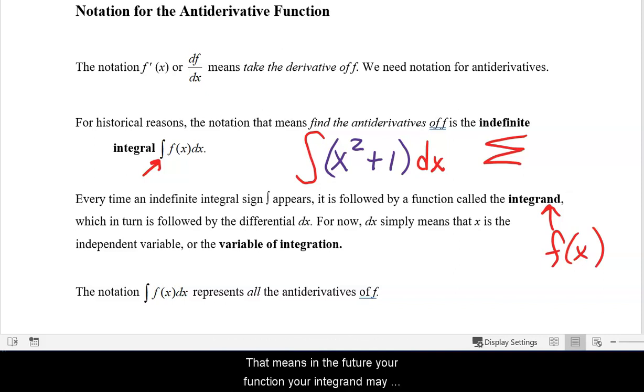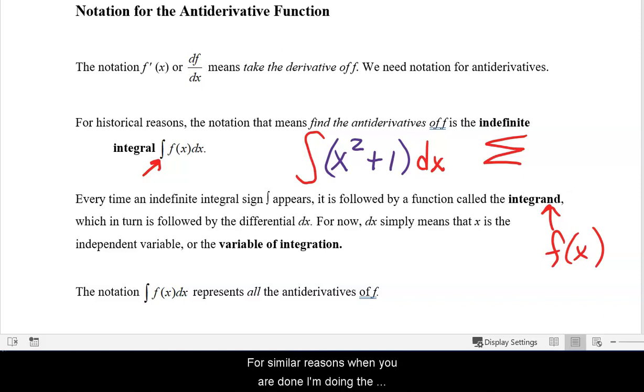That means in the future, your integrand may involve multiple variables, x, y, z, and possibly time as well. If you do not have the differential, you will not know which variable to undo the derivative with respect to. I will be pretty hard-nosed about this, so make sure that you include that dx.